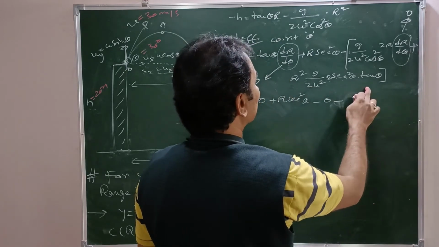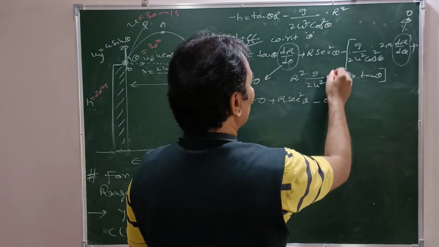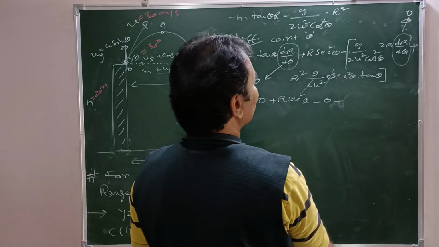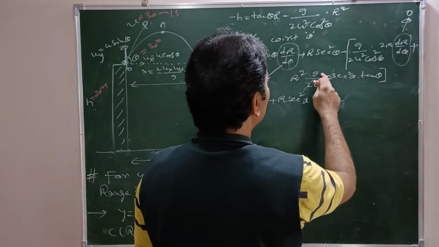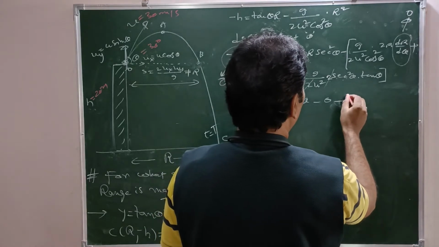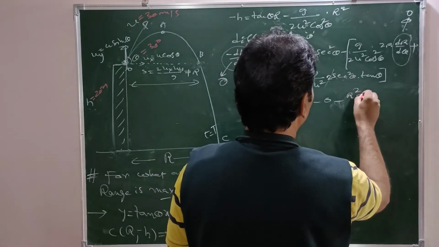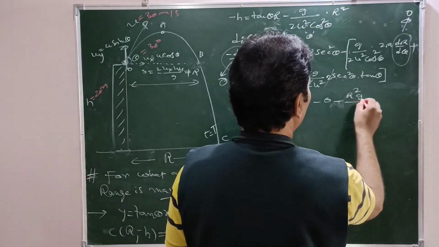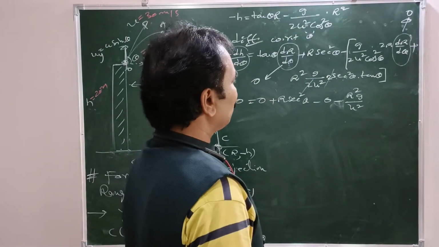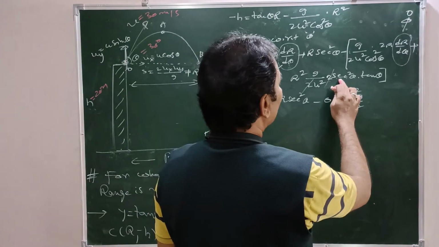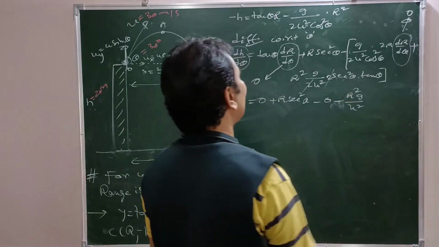Now take this expression, the 2 cancels, we are left with r square g by u square, u square here, secant square theta tan theta.